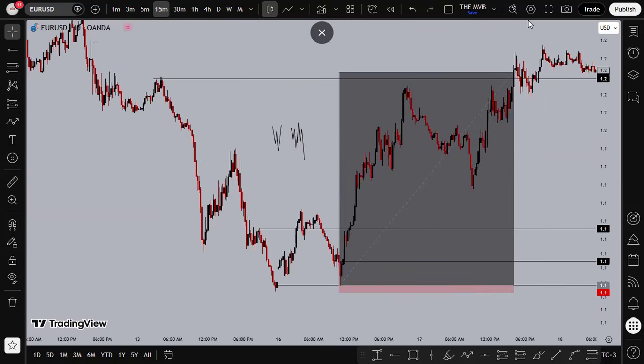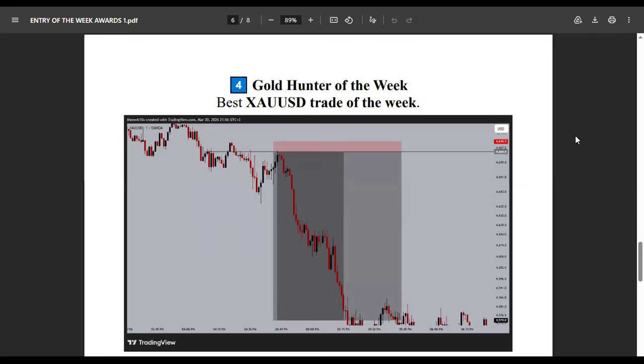Here we go. So for the next category, this is Gold Hunter of the week, the best gold trade of the week. Now, in this, I have to categorize this entry in many ways, okay?